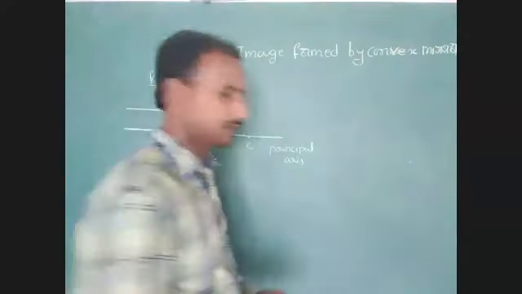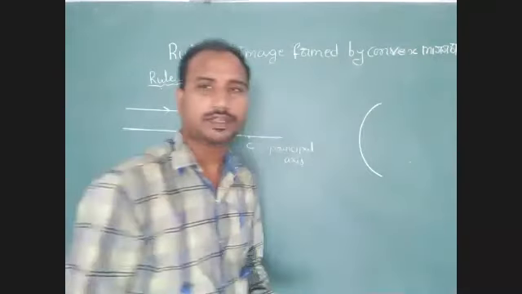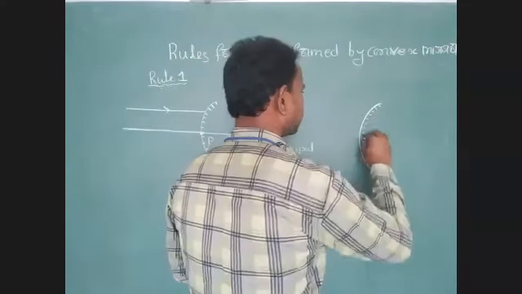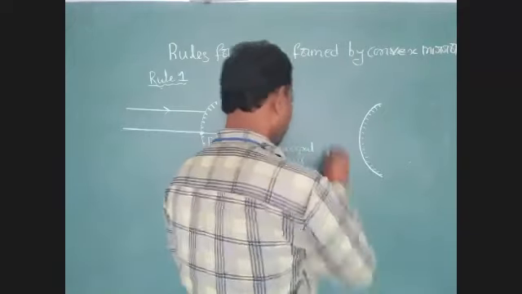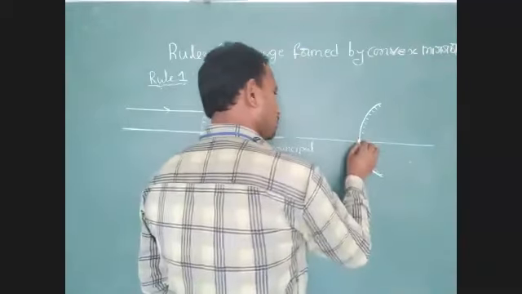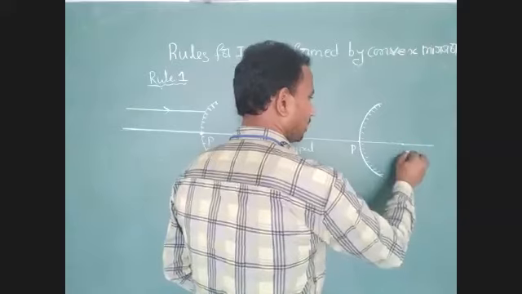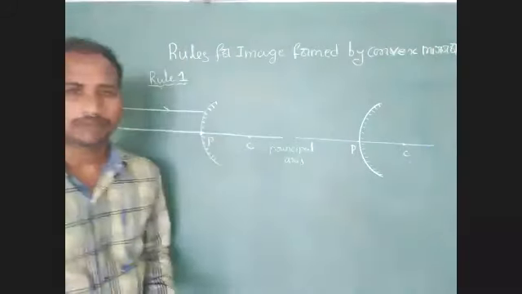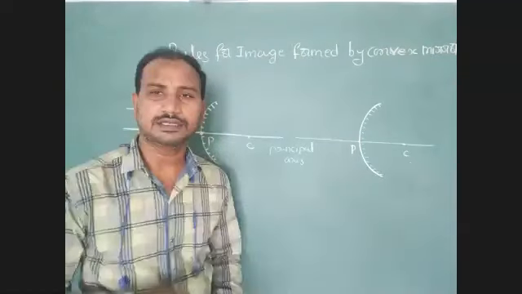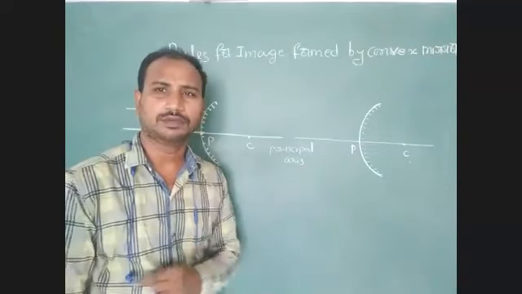Next, the second condition. Now it is a convex mirror; the inside surface is silver coating. Now draw the principal axis, passing through the pole and the center of curvature. For the second rule, if a ray of light is passing through the principal focus, where is the principal focus?